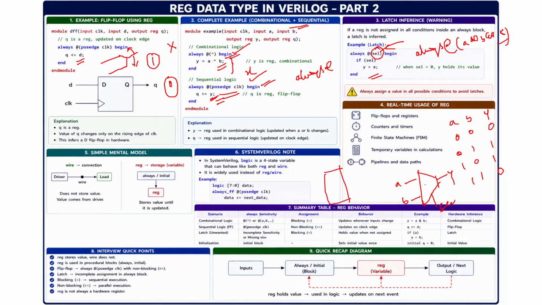So for the 4 by 1 mux, 4 inputs are there: I0, I1, I2 and I3. So 4 inputs, one output I am getting. Okay, so where we are getting ones here: 0, 0 means I0, 1 means I1, 2 means I2, 3 means I3.